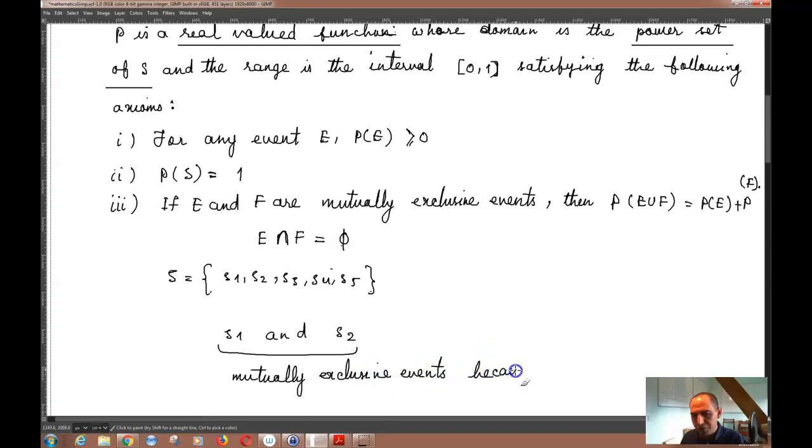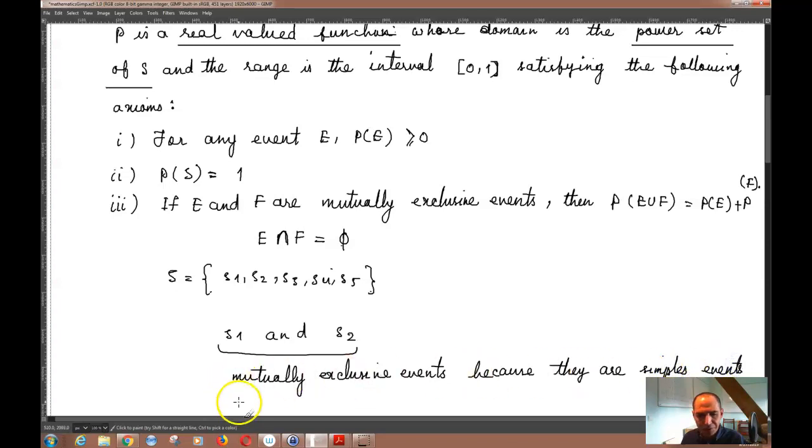They are mutually exclusive events because they are single events, or not single events, but the right terminology to use here is simple events.